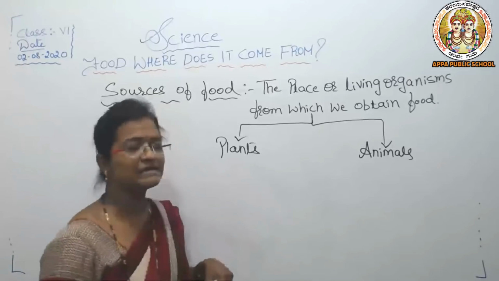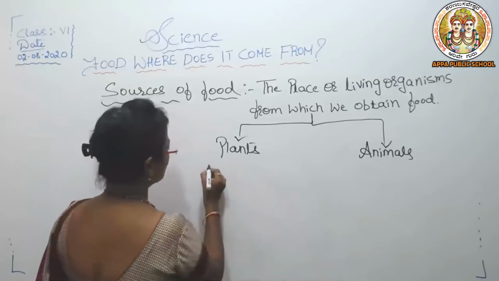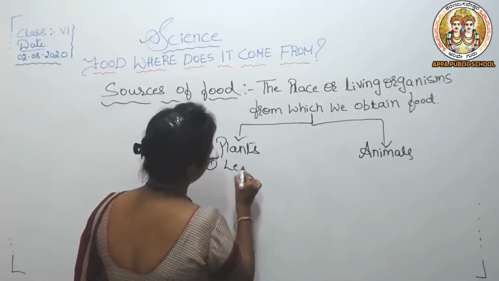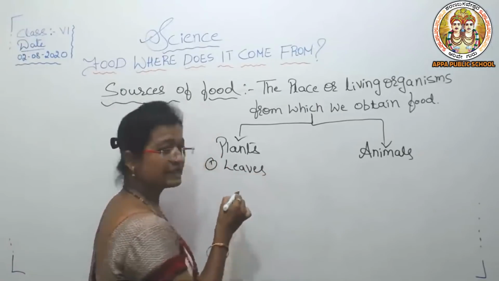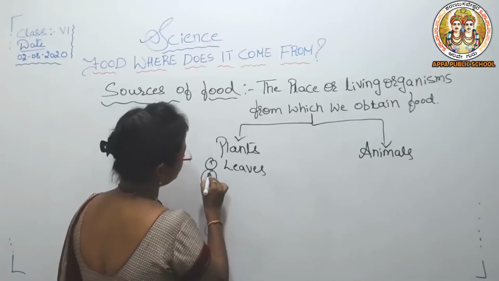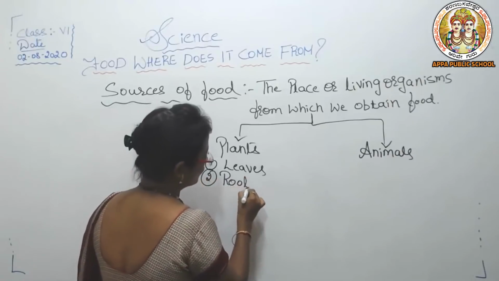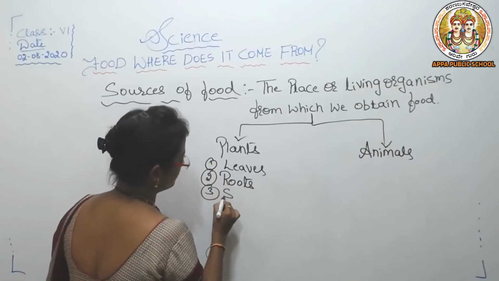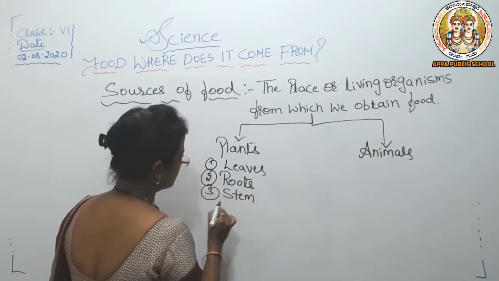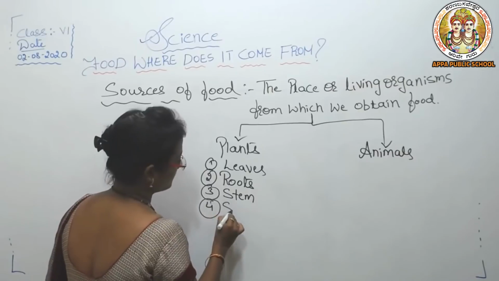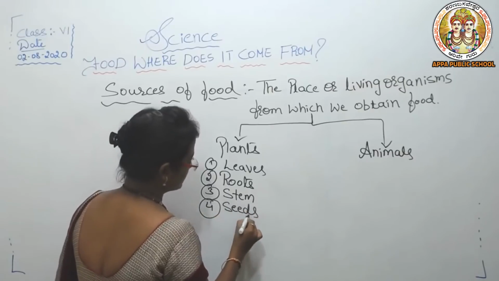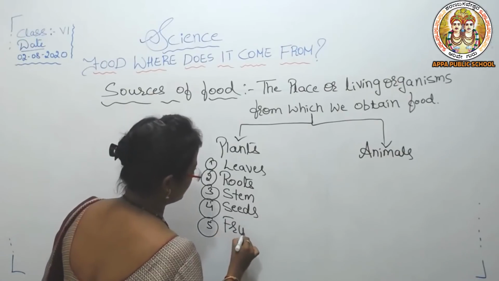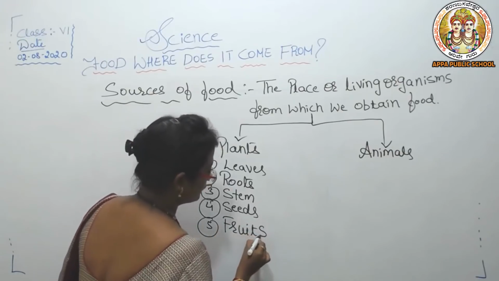What do we get from plants? I tell you, we get leaves as food, roots, stem, seeds, fruits.